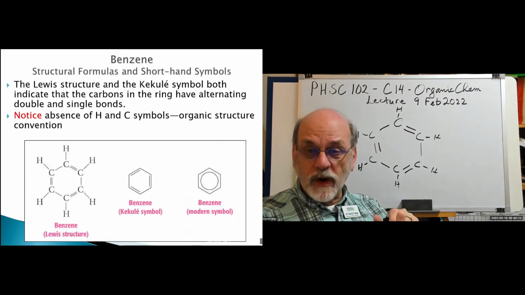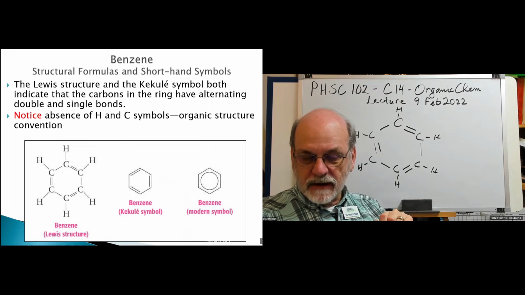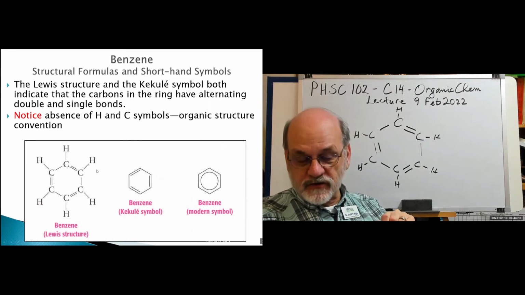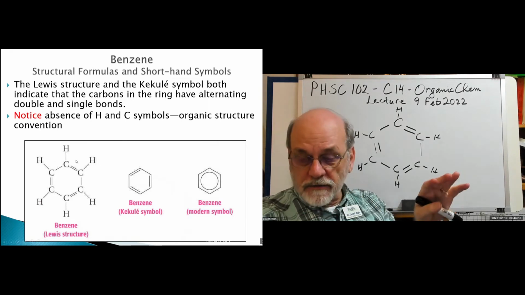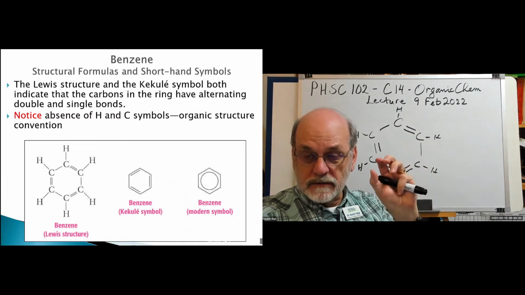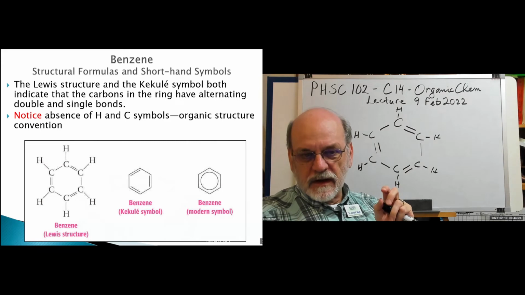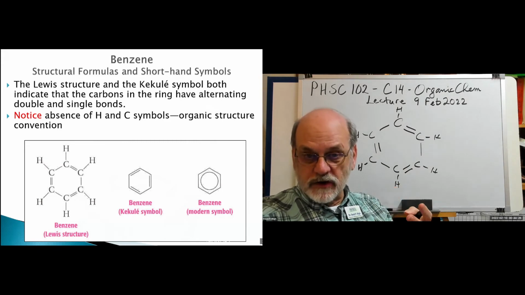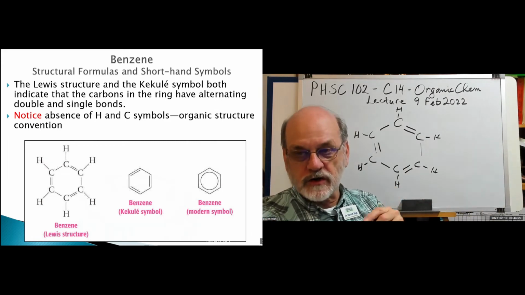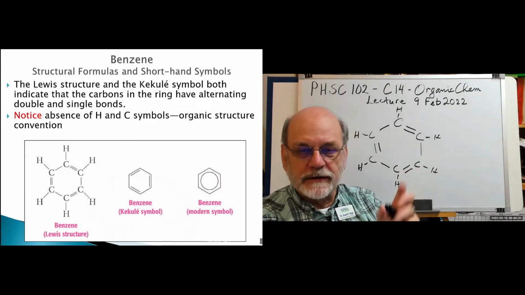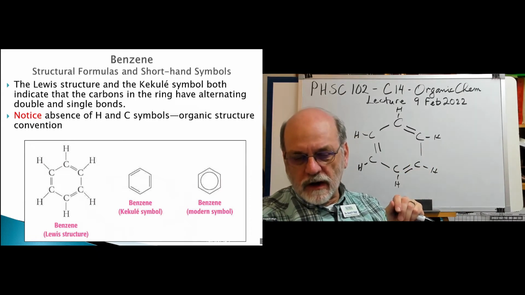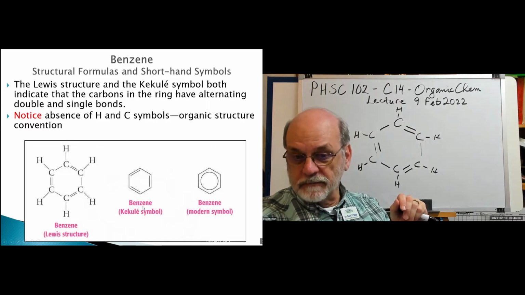There are a number of different ways to write benzene. This is the complete structure where you have all of the atoms identified, all of the bonds identified. But it can get kind of unwieldy when you start drawing larger structures using this as a subunit. So one way to simplify it is this Kekulé symbol.